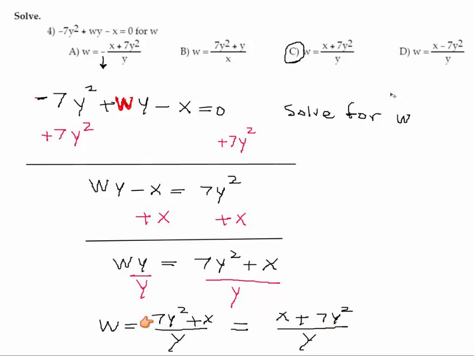Yeah. Now, just a question to everyone. What property allows me to say 7y squared plus x is equal to x plus 7y squared? There's a name for that property. Anybody remember the name?